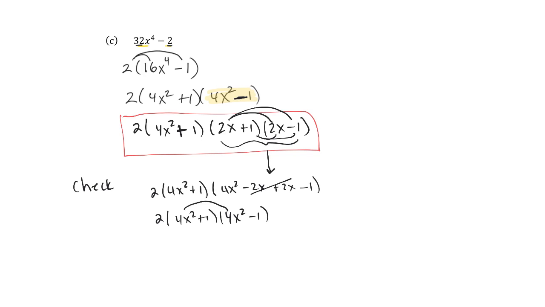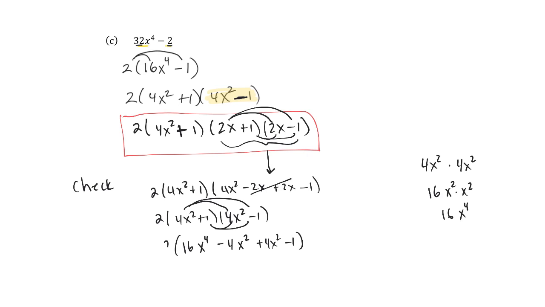And then I'm going to multiply these. 4x squared times 4x squared, we multiply the numbers, and then we have x squared times x squared. Add those exponents, and that would be 16x to the fourth. And then I would have minus 4x squared plus 4x squared, and then minus 1.